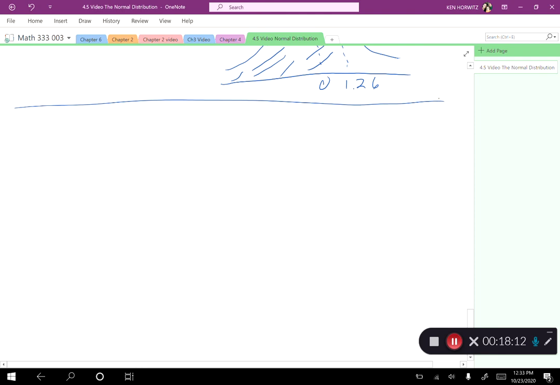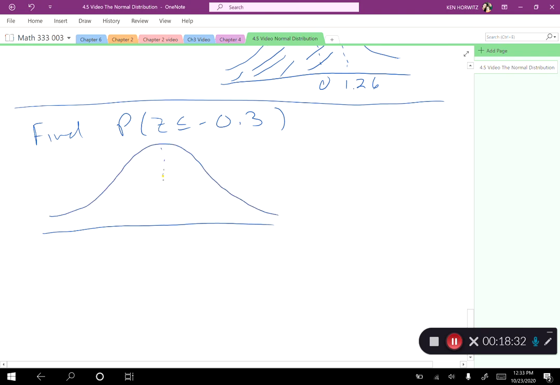All right, so let's change the problem up a little bit. Let's say I just said find the probability that our z-score was less than or equal to negative 0.3. This is the first time I'm seeing a negative z-score, so I just want to sketch this very quickly.